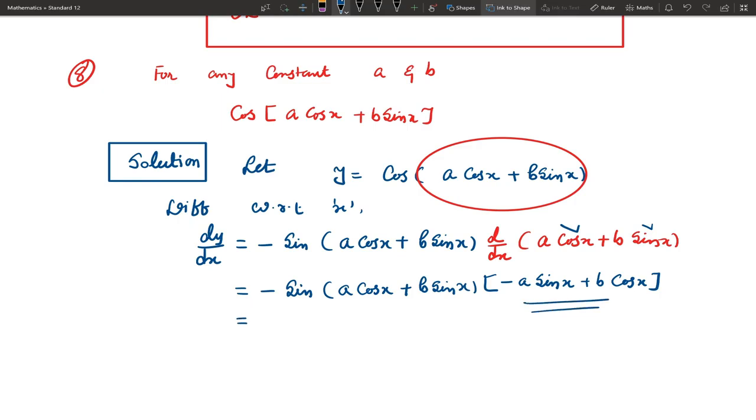So outside, minus minus plus, sine of a cos x plus b sin x into bracket a sin x minus b cos x.